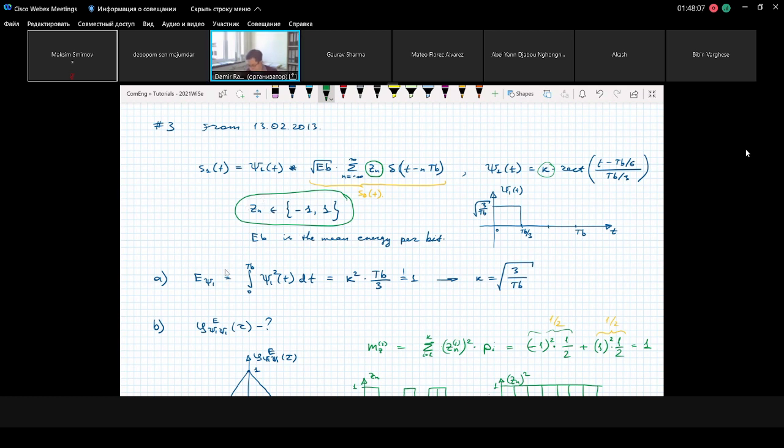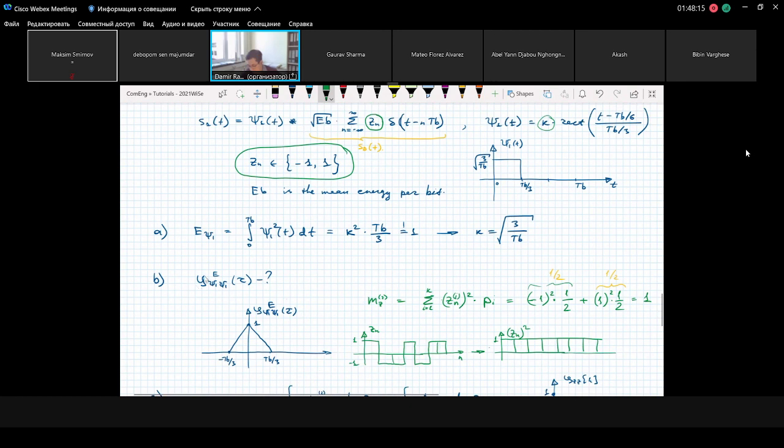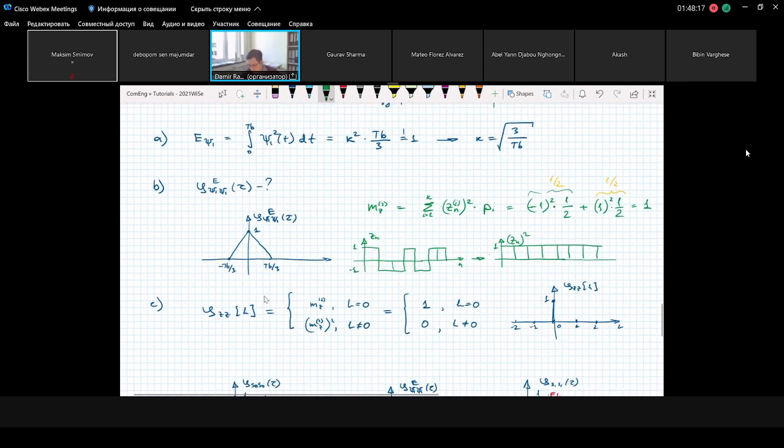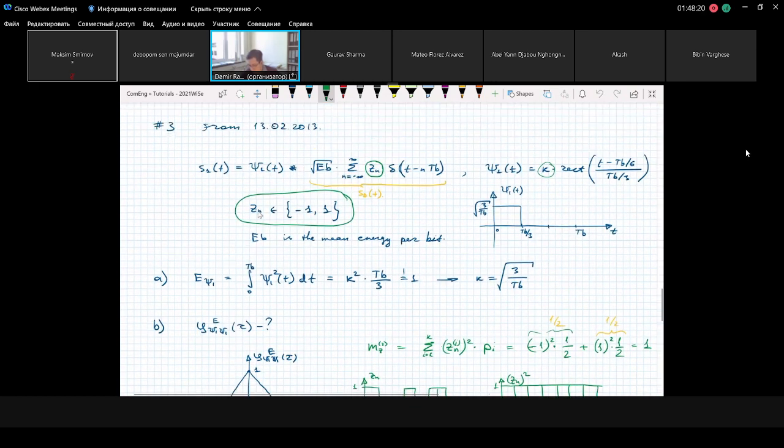And then you need to find the amplitude of the basis function in order to ensure the energy, the autocorrelation of the basis function, and after that you need to find the autocorrelation function of the resulting signal S1 of t, and the power spectrum density. This is the general question for this task.